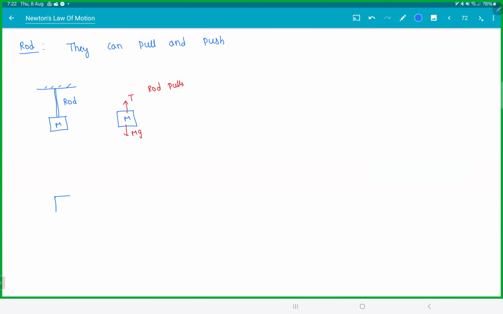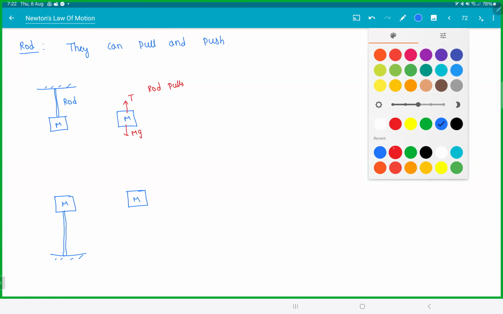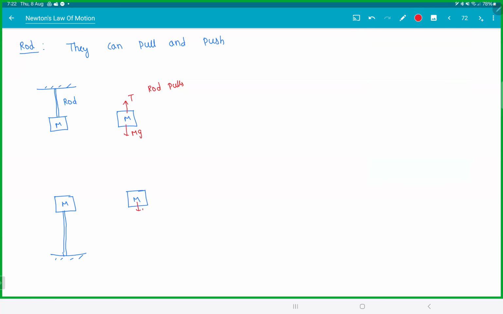Same thing, you can keep the block M on top of the rod. In this scenario, the Mg is coming down and the rod pushes up. So a rod can pull or push.